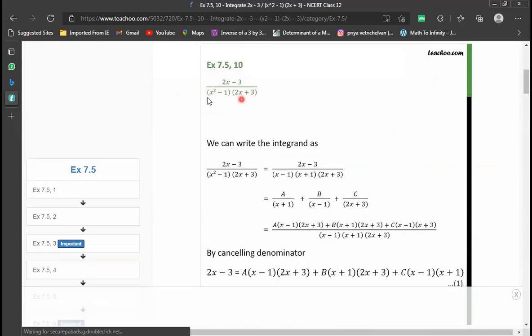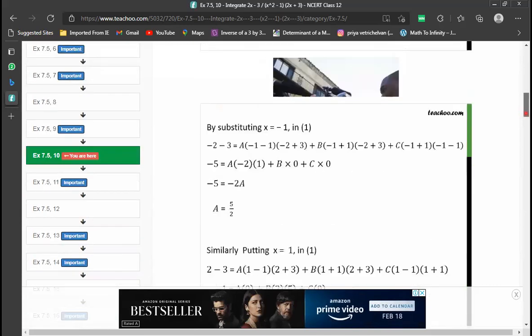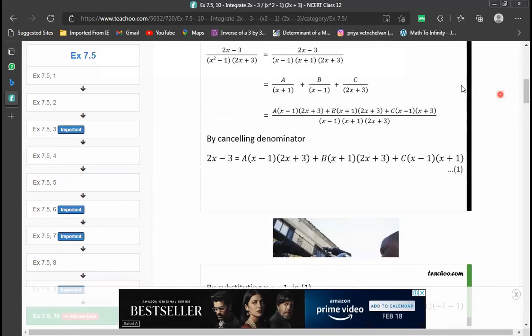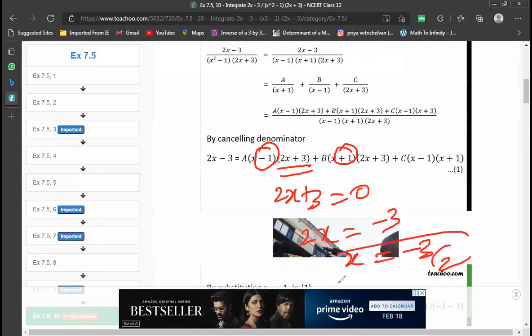And this question is also very simple. X square minus 1 can be expressed as x plus 1 into x minus 1. So a upon x plus 1 and b upon x minus 1 and c upon 2x plus 3. Take LCM, cancel the denominator, substitute the value of x as -1, +1, and from 2x plus 3 equal to 0, x is equal to -3 by 2.